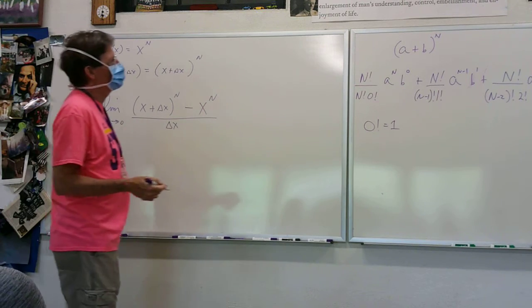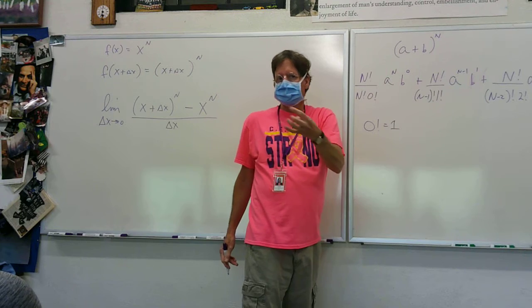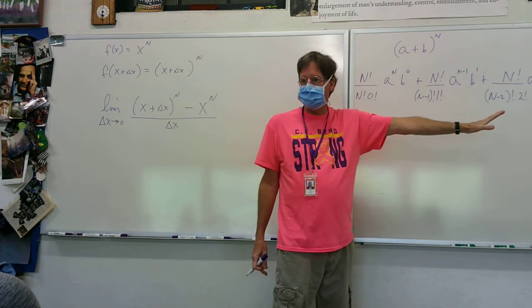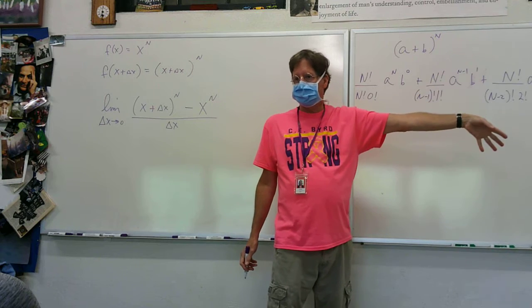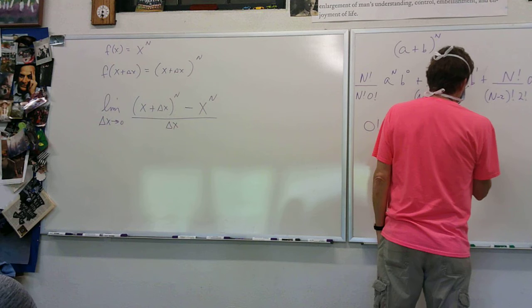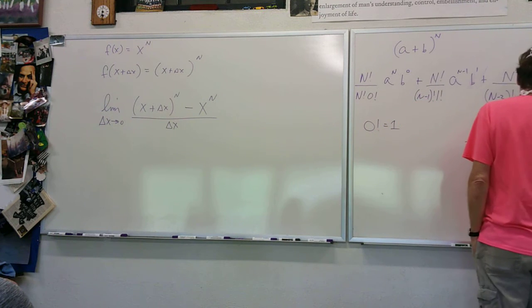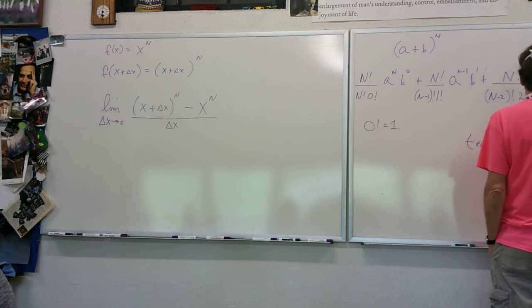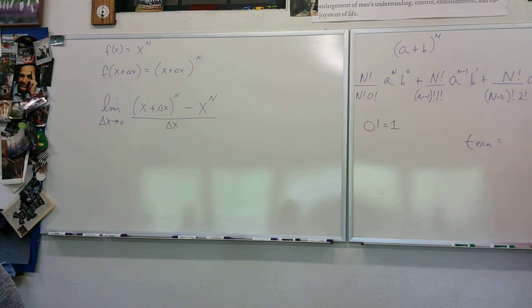Now, if you have a plus b raised to the n, and you just want to know a single term without writing all of that out, say you just want to know the 10th term or the 11th term. A specific term in a binomial expansion is equal to a to the n minus the term plus 1, and b to the term minus 1.